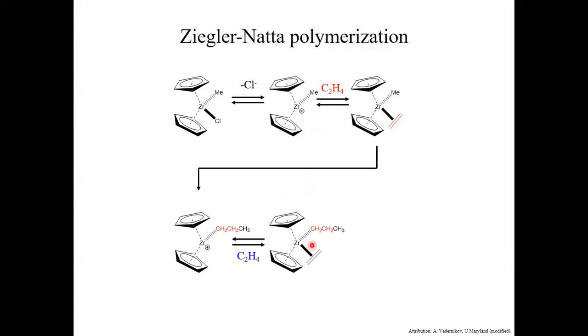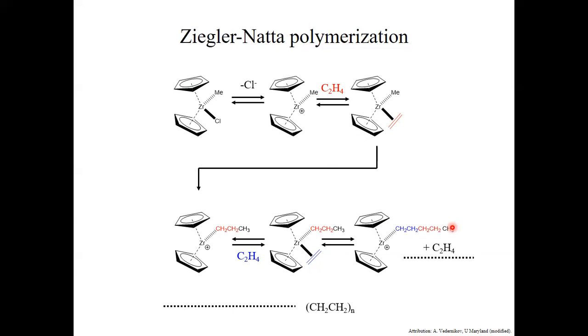So this gives you the possibility for another migratory insertion. And you see that this leads to another elongation of the alkyl group. And of course, now we can add another ethene molecule, and the alkyl chain can just grow and grow and grow until we have a high molecular weight polyethylene.